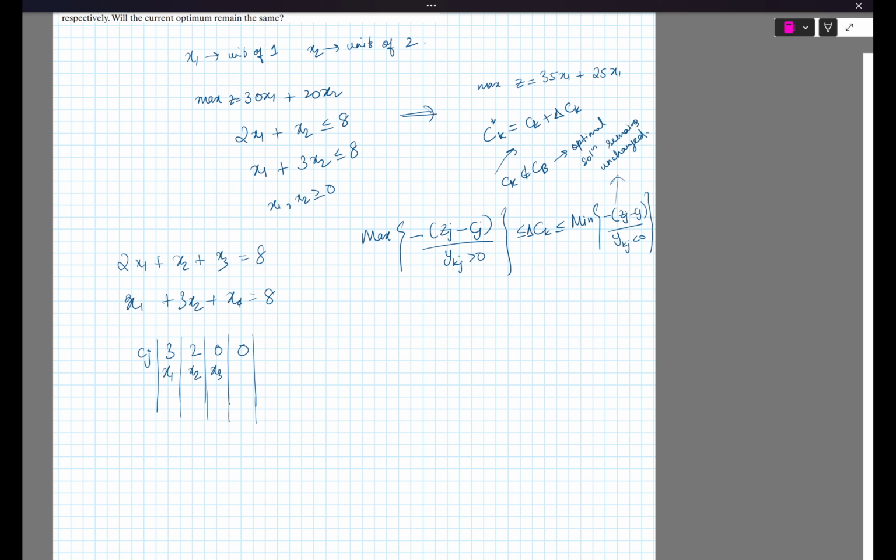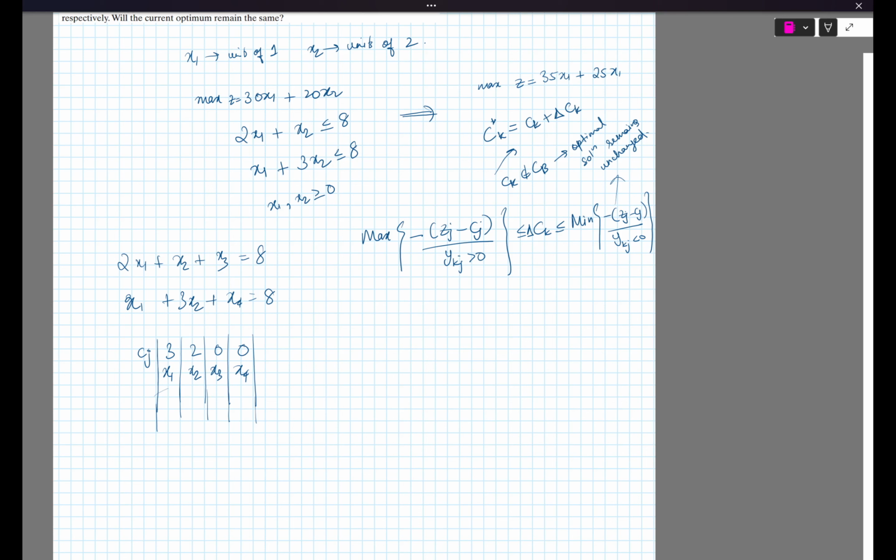Okay, solve it then we can. But which one will we take? For different j's we have to check. K is in the basic set, like c1, c2, c3, K is the row, and J is the column.